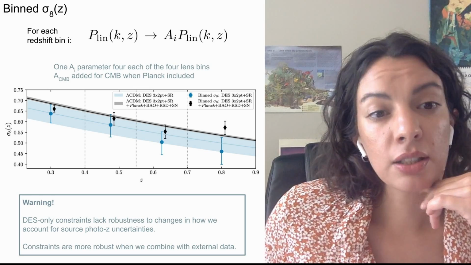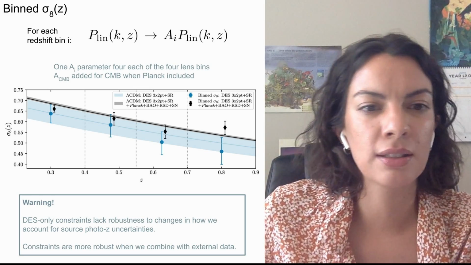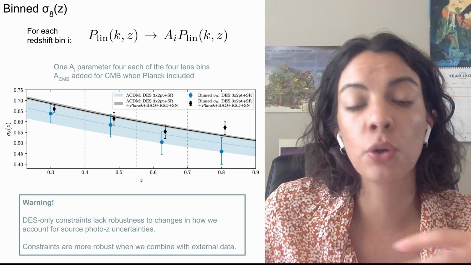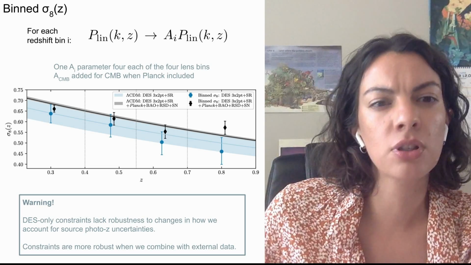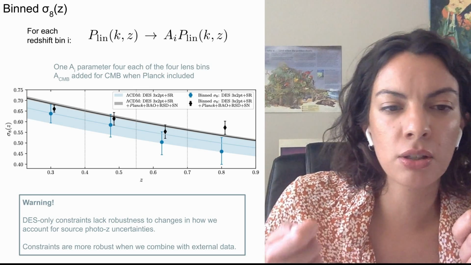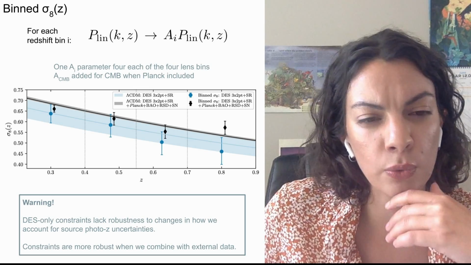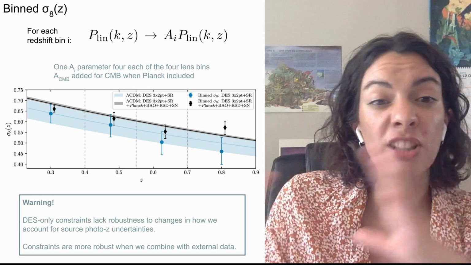So next, we also looked at another model that tests for the non-standard growth of structures. Here the idea is to measure sigma 8, or the amplitude of matter fluctuation, in redshift bins.